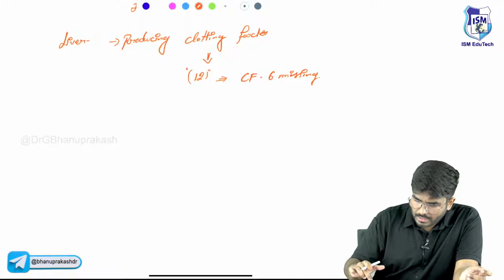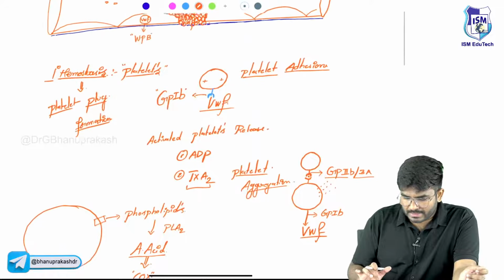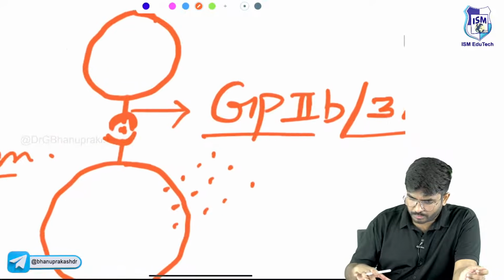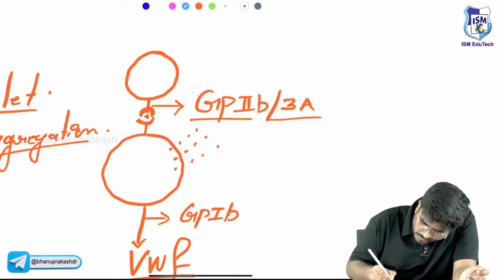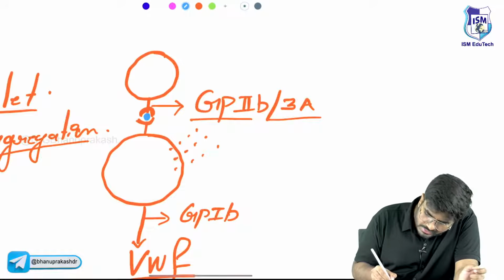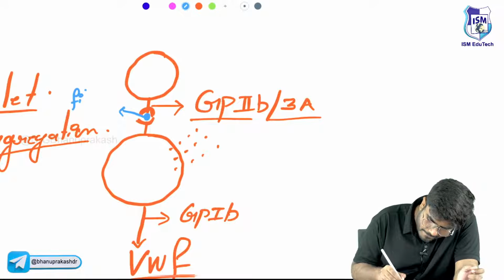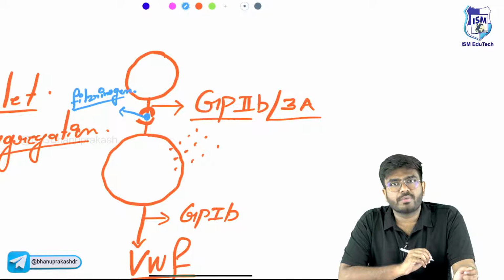Now, let's see how exactly clotting is going to happen, sir. Before that, I want you to know, in platelet aggregation, here I have shown you platelet aggregation with the help of GP2B3A. Here I am showing you one molecule, the blue colored molecule. The blue colored molecule is fibrinogen.